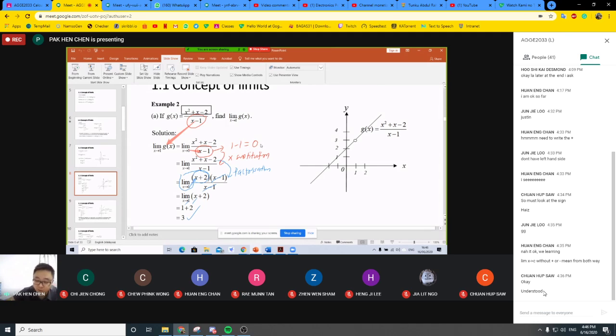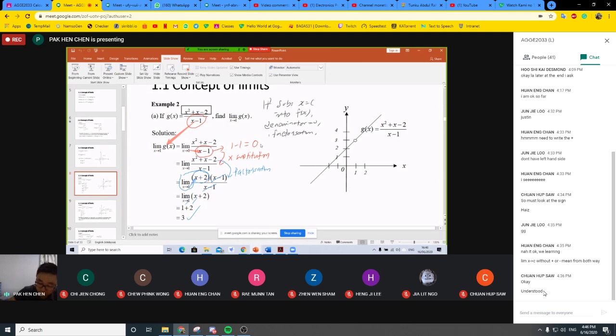That means whenever we substitute the c value into the function, if the denominator equals 0 when we do the substitution, then we have to do factorization to do the simplification.